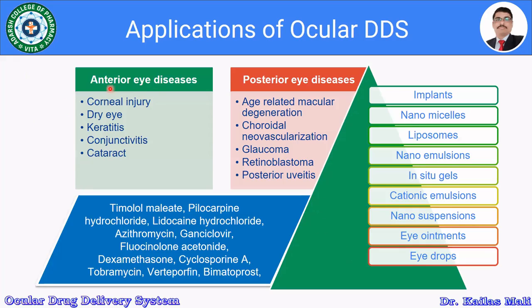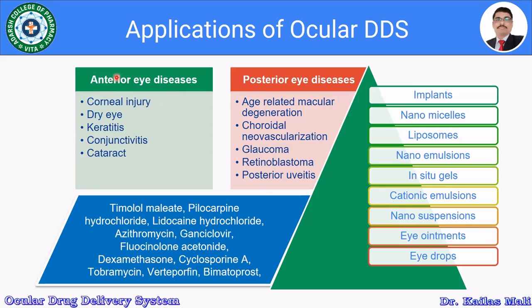As all of you are aware, it is very critical to treat certain infections or diseases related to the eye. Here I have listed some of the diseases related to the anterior segment of the eye and some of the diseases related to the posterior segment of the eye.